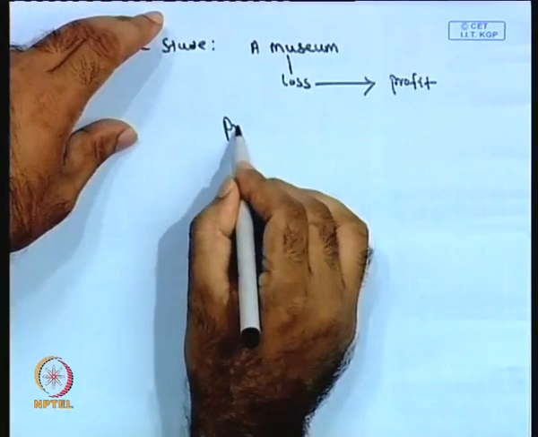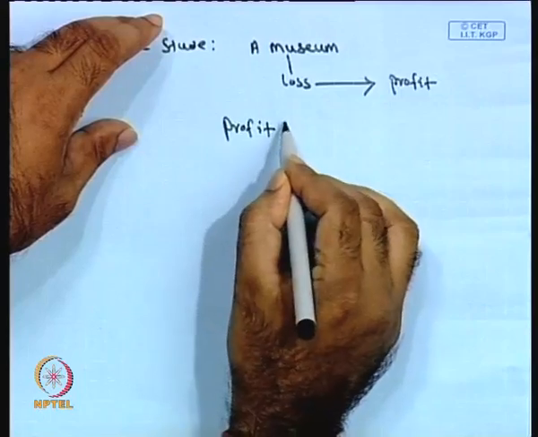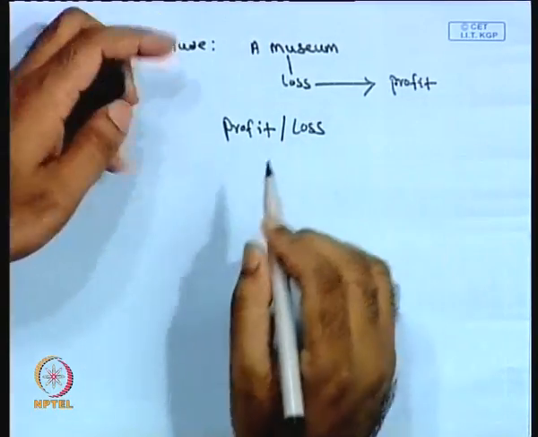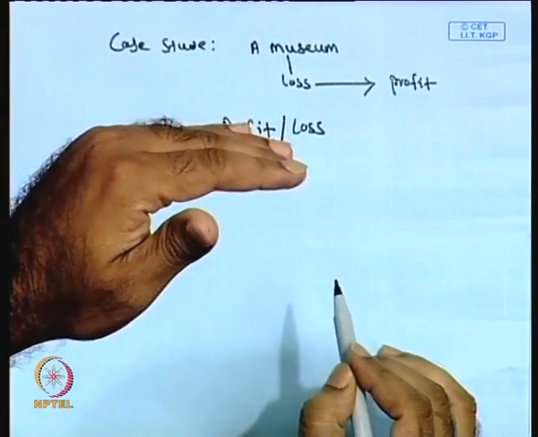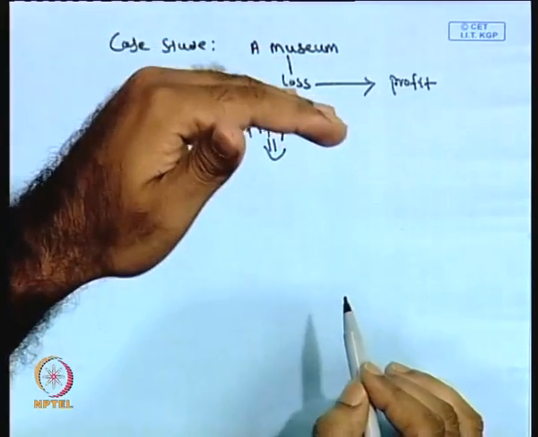The problem is that for any particular business, the status of the business depends upon its profit and loss account. All right. So profit and loss usually represents the indicator of the performance of a business.